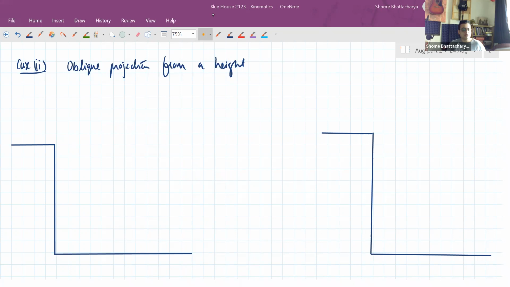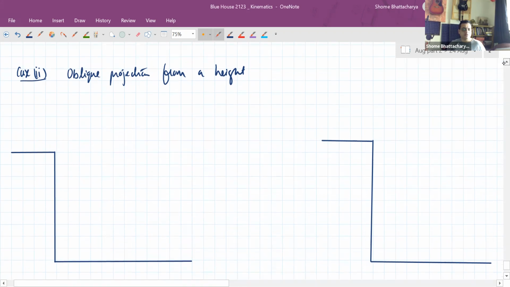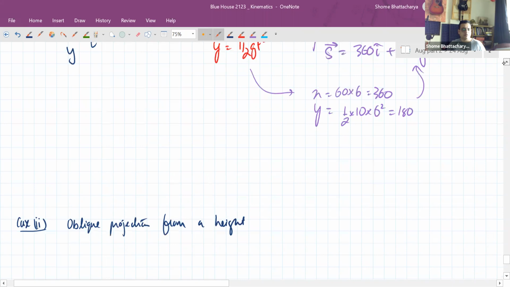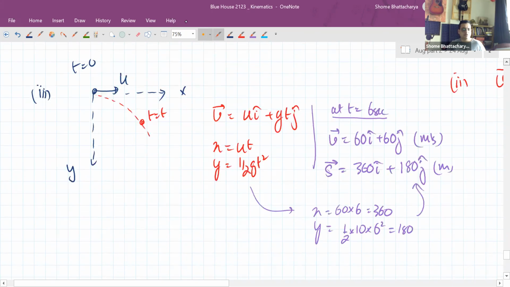I'll just go back to the previous line once. You can finish writing that. Yes, and then come back. This one, the one with the diagram you said.